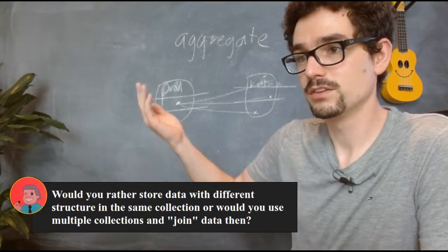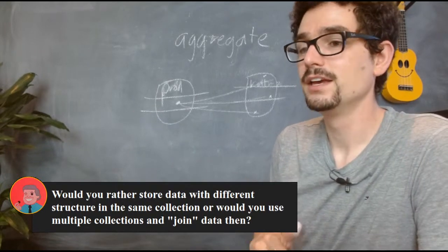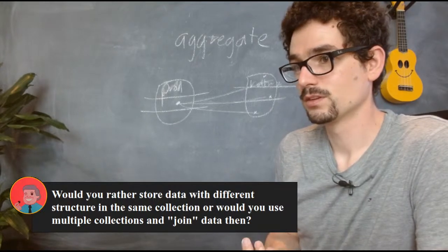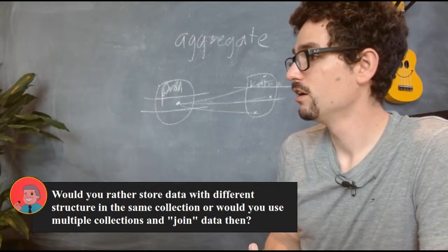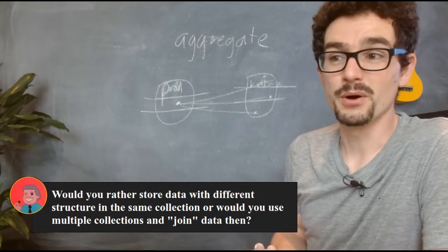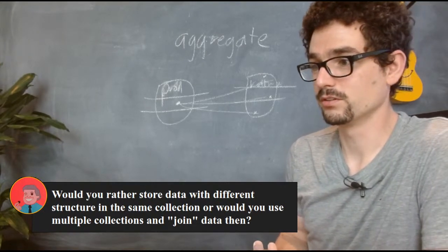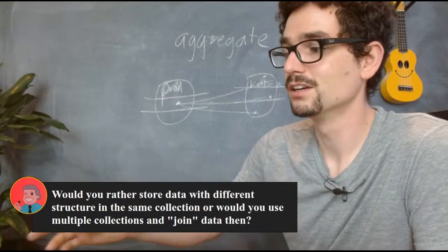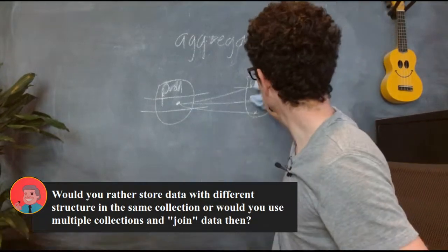Joining is something that you have from SQL. It is possible in MongoDB to join, but see it as a workaround, not as daily business. The join should be used exceptionally.